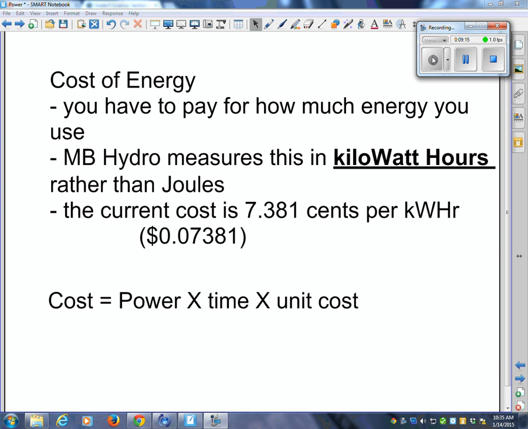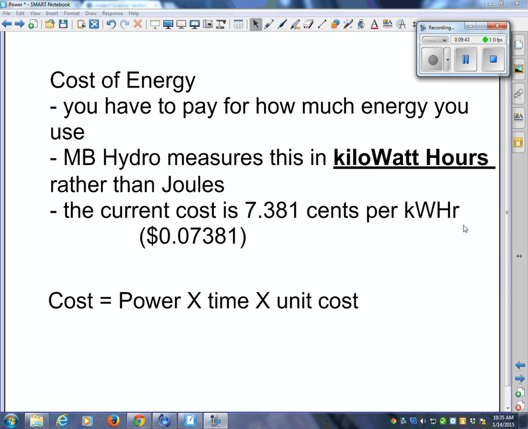Now, Manitoba Hydro doesn't measure it in watts because the numbers would be ginormous. So they measure it in what's called a kilowatt hour, rather than joules. Do you have to write that in? No. The current cost, and I think you can see that on my bill, is 7.381 cents per kilowatt hour.